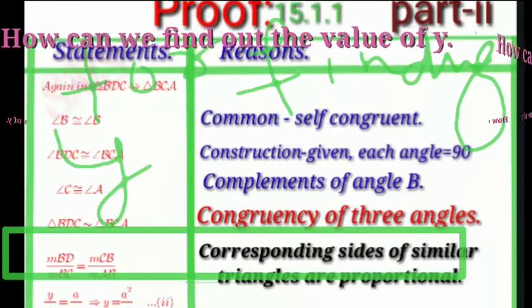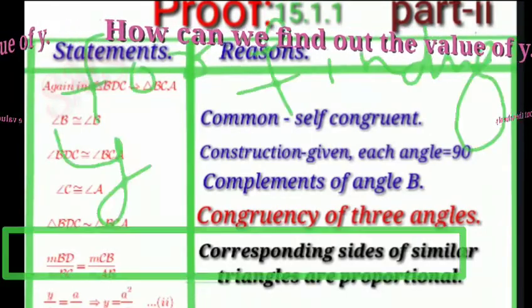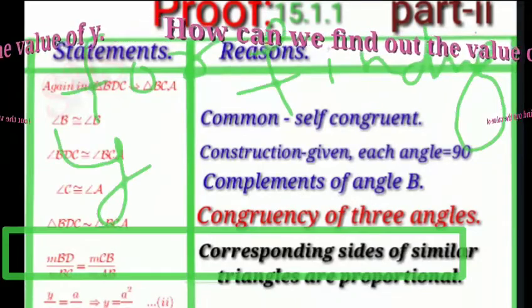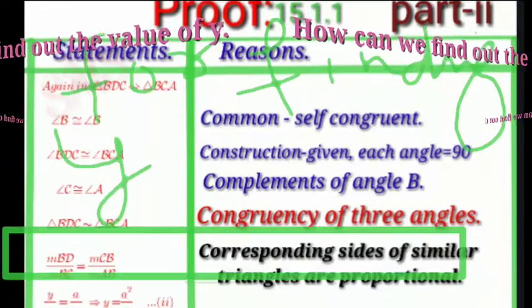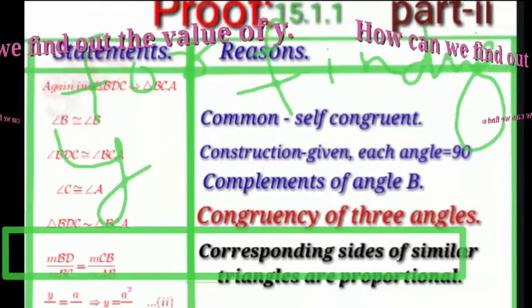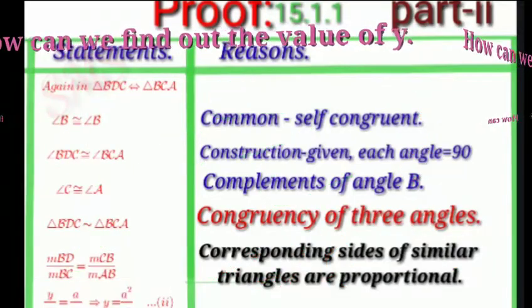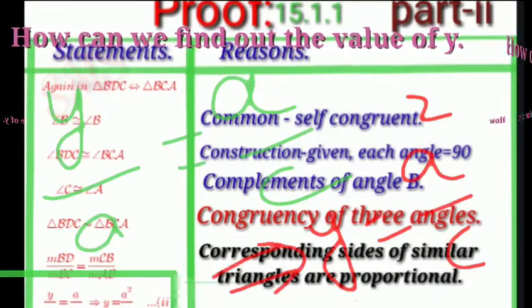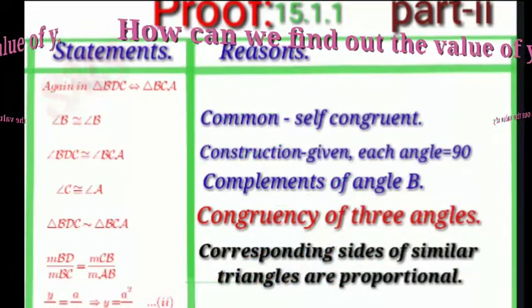For finding the value of y, we use the proportionality of corresponding sides of the two similar triangles. Side BD over BC is equal to side CB over AB, or y over A is equal to A over C, which implies that y is equal to A square over C.